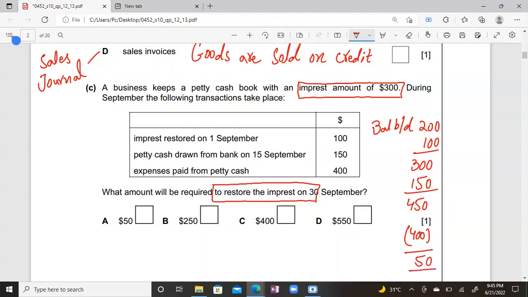And now to restore the imprest on 30th September means at the end of the month, what balance we need to restore? We need to restore 250 more, because 50 is already available with the business, and again we will have a balance of 300 for the next month. So our answer here is B.